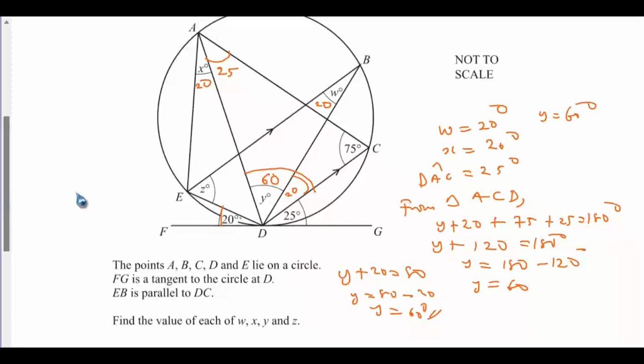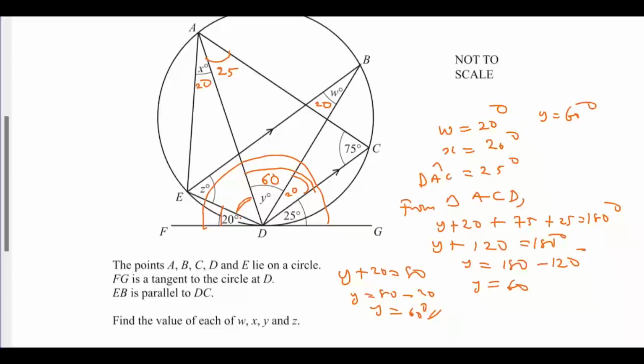So next is to get this angle here. Once we can get this angle, then we can easily get the value of angle Z. So let me write up here so that you can see what I'm doing. So to get this angle EDA, we have to subtract 20, 60, 20, and 25 from 180 degrees, because these angles from here up to this angle here are angles on a straight line and they should add up to 180 degrees.